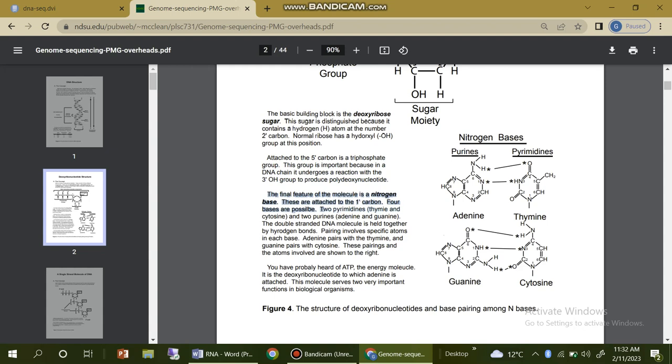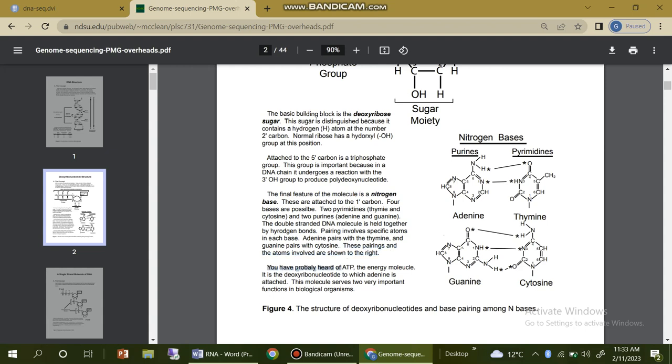Four bases are possible: two pyrimidine and two purine. The double stranded DNA molecule is held together by hydrogen bonds. Pairing involves specific atoms in each base. Adenine pairs with thymine, and guanine pairs with cytosine. These pairings and the atoms involved are shown to the right.